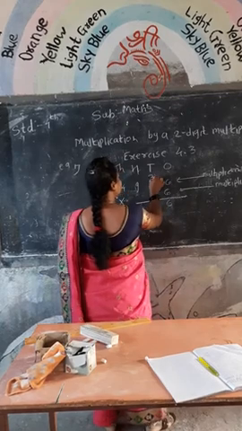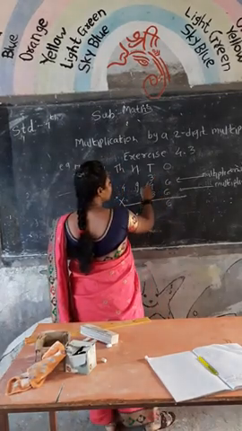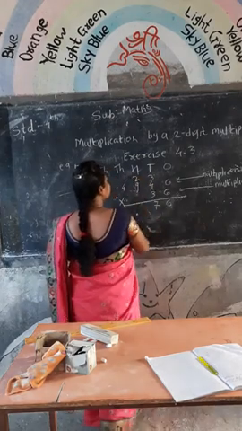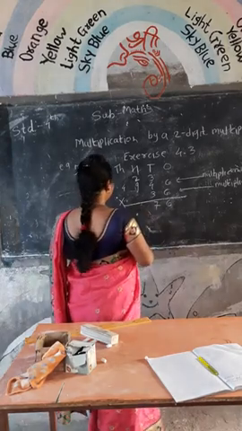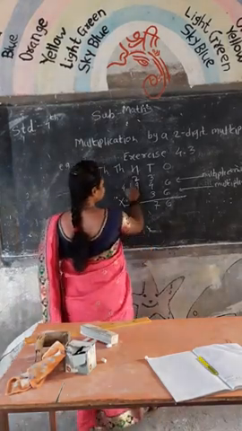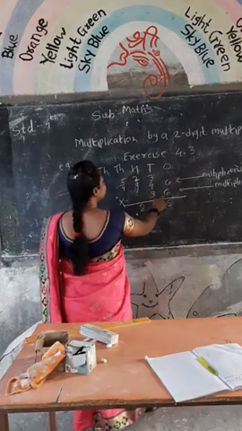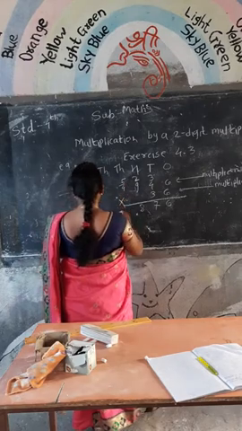Carry 3 to the tens place. 6 fours are 24, 24 plus 3 is 27. Carry 2 to the hundreds place. 6 nines are 54, 54 plus 2 is 56. Carry 5 to the thousands place. 6 fours are 24 plus 5 is 29.